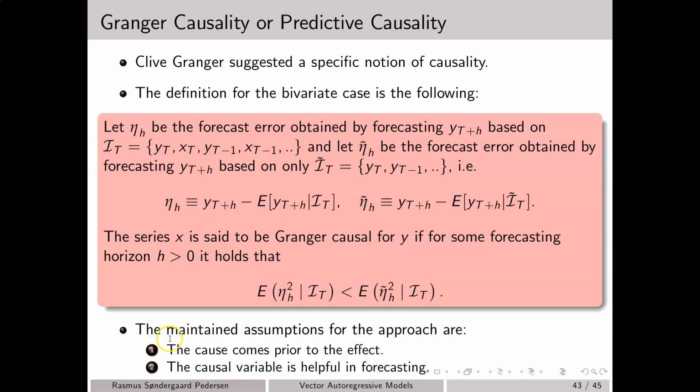Note that the underlying assumption for this notion of causality to work is that the cause, namely some change in x, comes prior to the actual effect of x on y. What you should have in mind is that we essentially just quantify whether x is a useful variable for predicting y if we already can use the past values of y to produce the forecast.